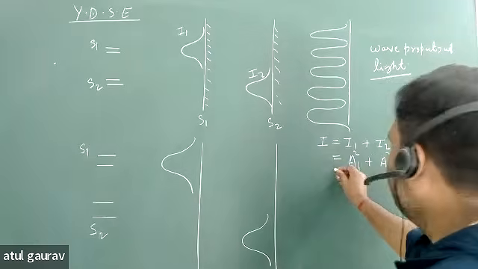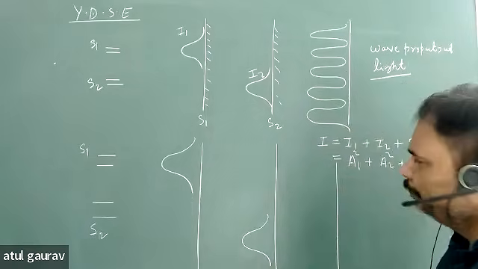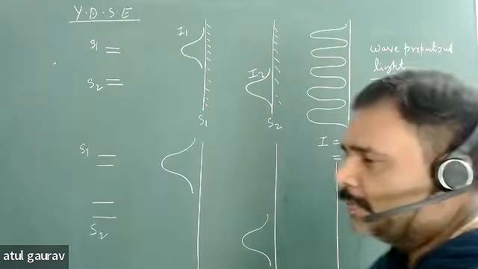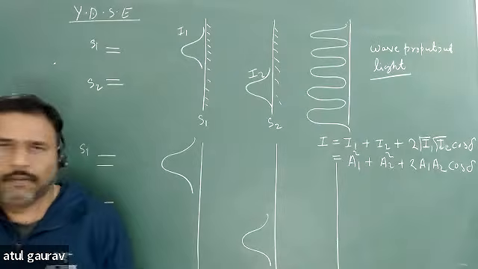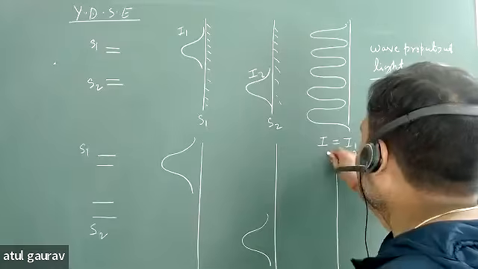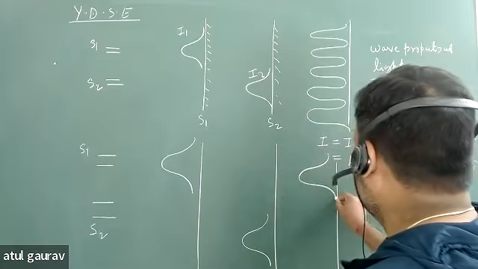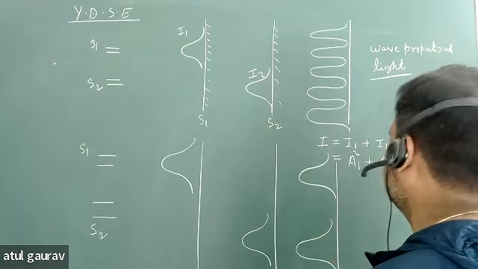Now, if I am going to open both the slit, then what will happen? Is there any interference pattern? No, sir. There is not any interference pattern. Either your marble ball will go from S1 or it will go from S2.